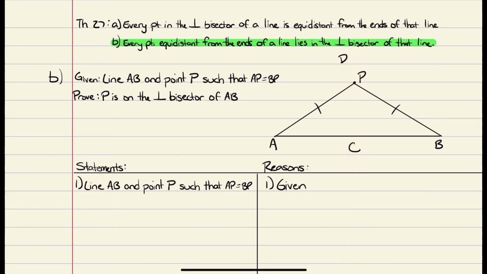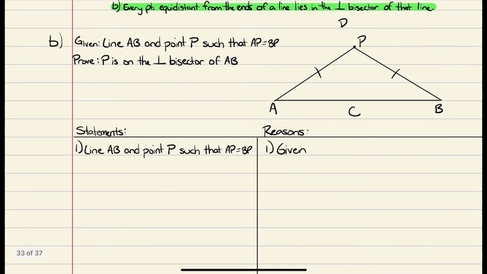Now we're saying if we have a point that is equidistant to the ends of the line, then that point must lie in the perpendicular bisector of that line. So we're given line AB and a point. You can label it anything you want, such as P, saying that it's equidistant to the ends of the line.